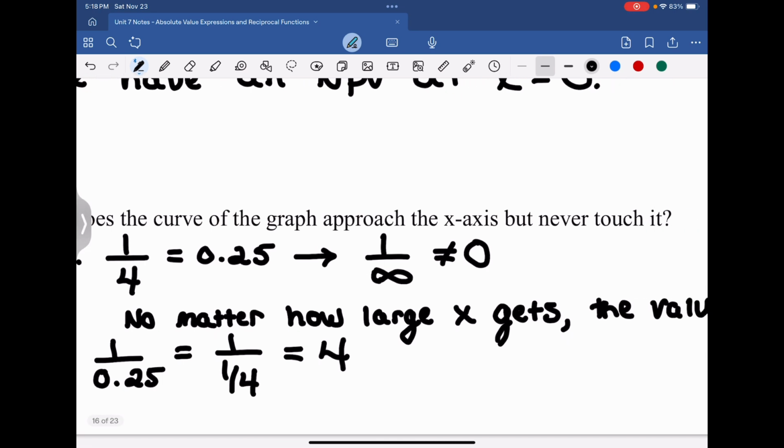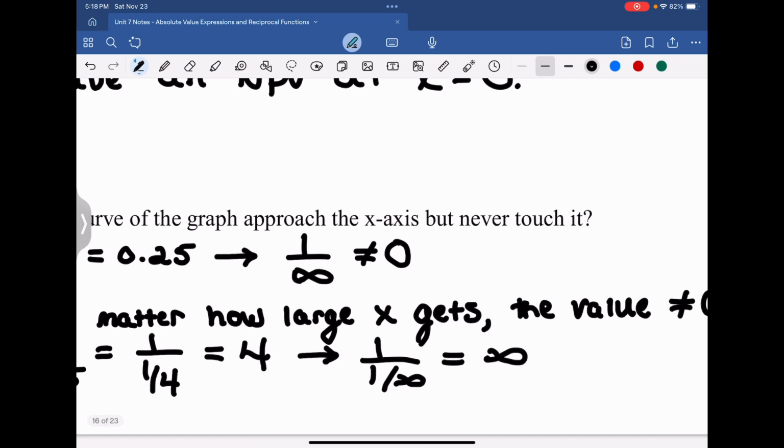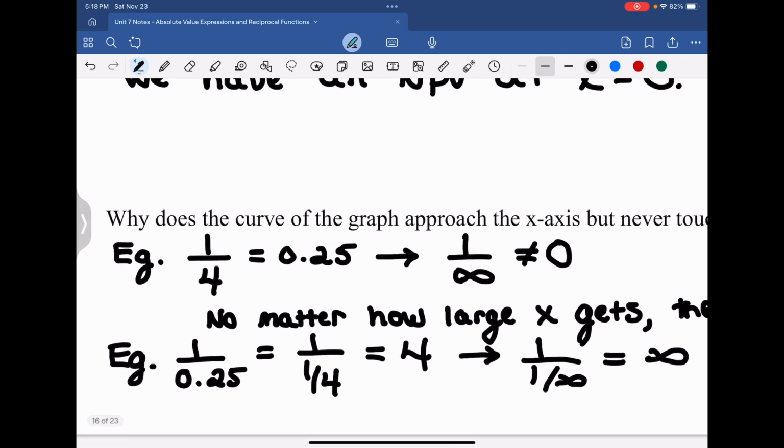In fact, if I did something like infinity, let's say I took it as 1 divided by, and I'm going to arrow over this way, just like we did before, 1 divided by positive infinity, meaning it's a really small decimal here, 1 divided by infinity. Well, in this case, 1 over infinity turns this into a positive infinity if I do this double division. And then if that's infinity, then we know it diverged away.